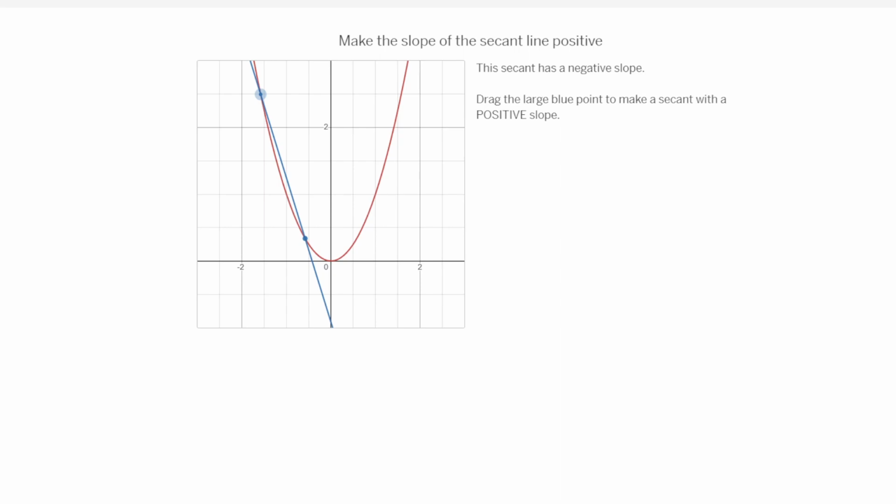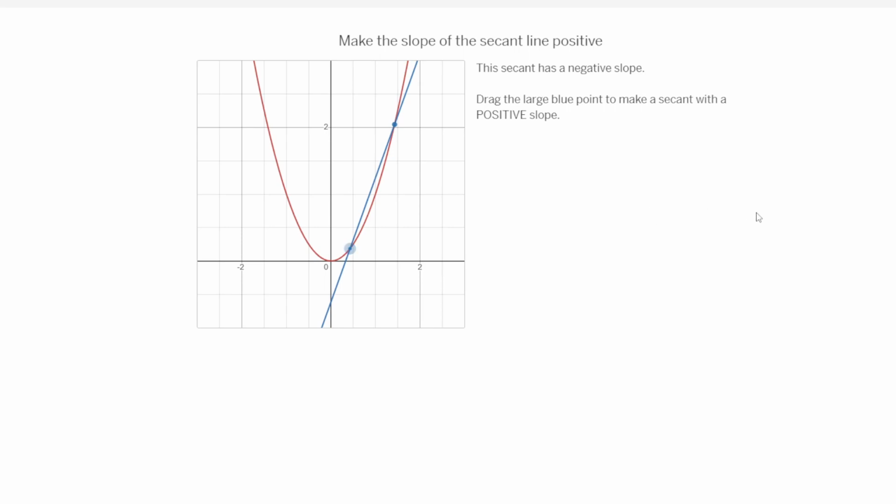Okay, so we're asked to drag the large blue point to make a secant with a positive slope. There are many different ways we could do this. Here's one example, here's another, and you can see that there are infinitely many ways to construct a secant line with a positive slope. So I'm just going to go ahead and pick one.